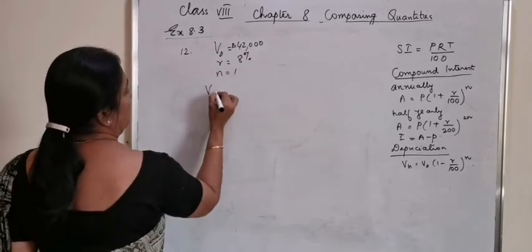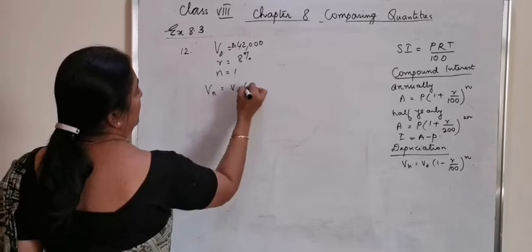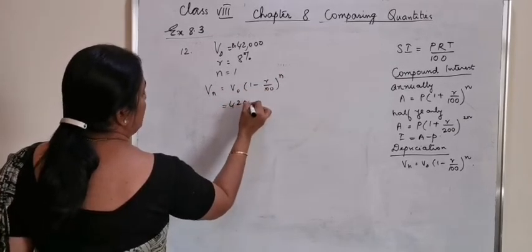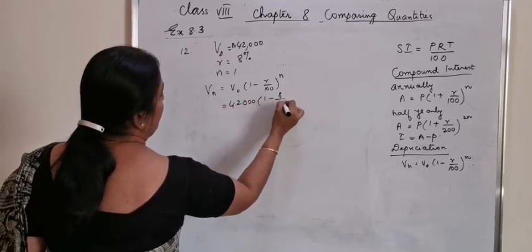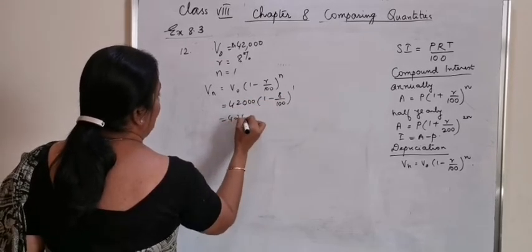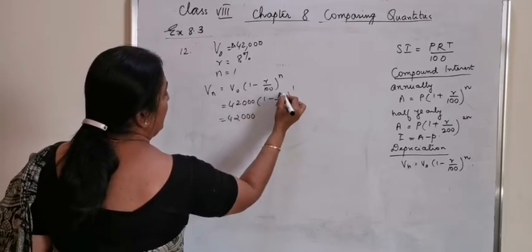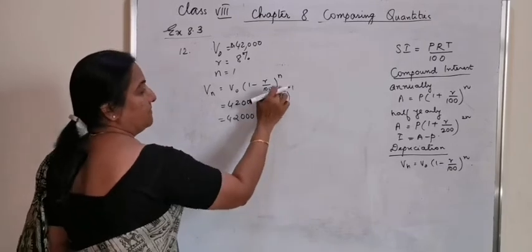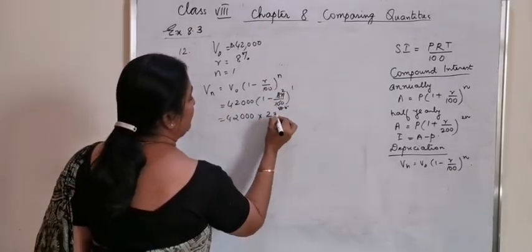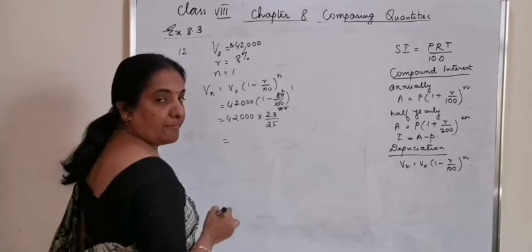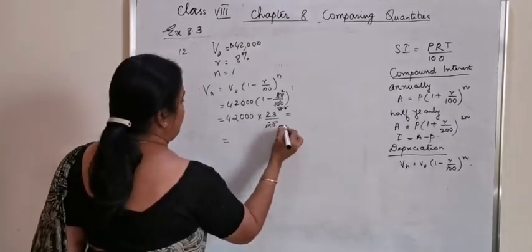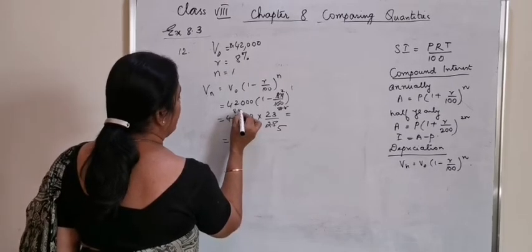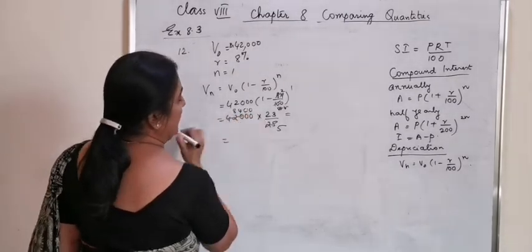The value after 1 year is equal to V0 into 1 minus R by 100 to the power of n. That is 42,000 into 1 minus 8 by 100 to the power of 1. 8 by 100 is 4 by 50, 2 by 25. So 25 minus 2 is 23 by 25. You can cancel by 5. 5 8s are 40, 5 4s are 20, 8,400.